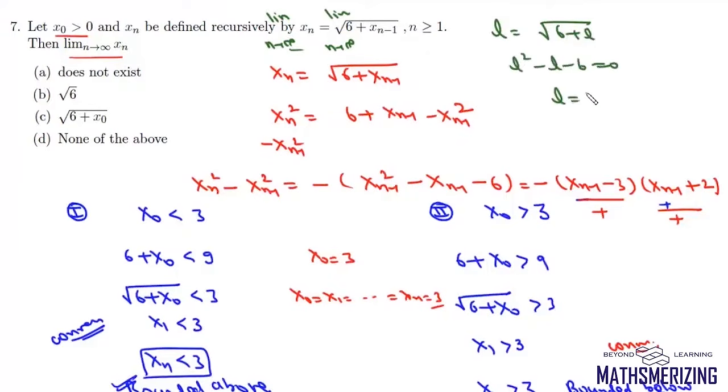The value of L is either 3 or -2. Now since this sequence contains positive terms, its limit cannot be negative. So for this sequence, the value of this limit is simply 3. So the limit n tends to infinity of xn will be 3, which is none of the above, option D.